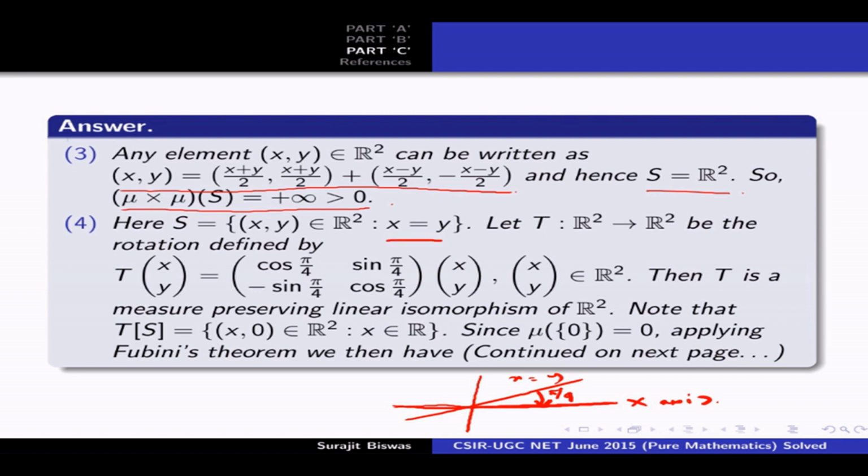Okay, so here S equals this line. Let T from R2 to R2 be the rotation defined by this pi by 4 clockwise rotation. Then T is a measure preserving linear transformation of R2.